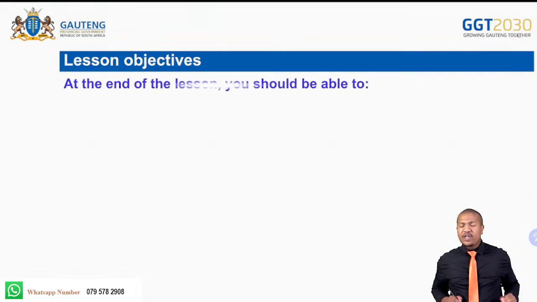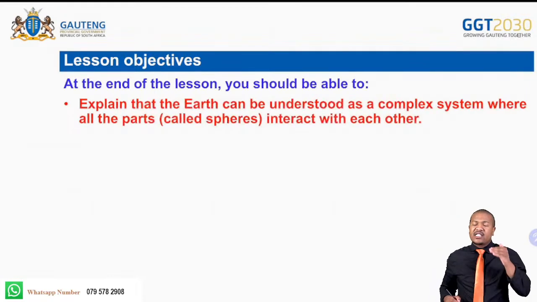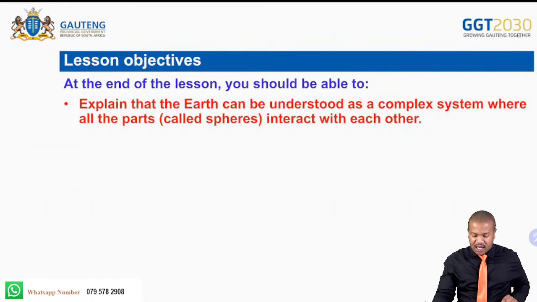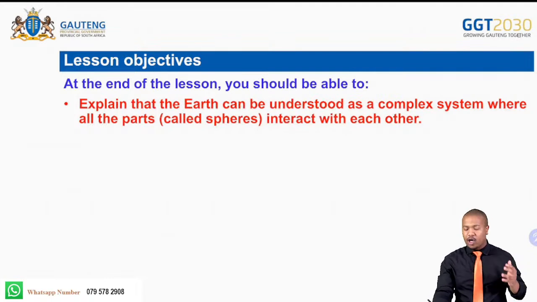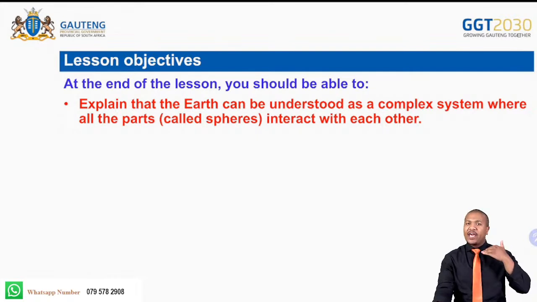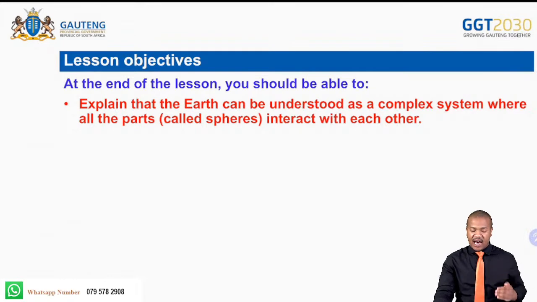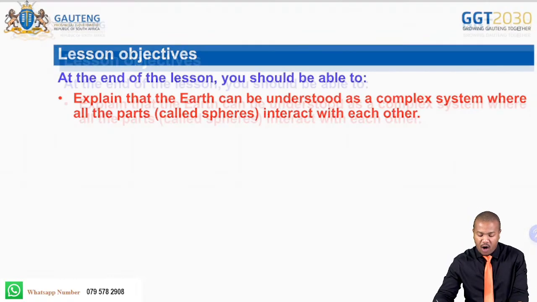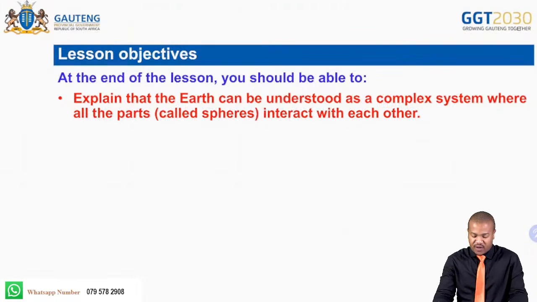Firstly, we should be able to explain that the earth can be understood as a complex system where all the parts that are called the spheres interact with one another. So write it down.